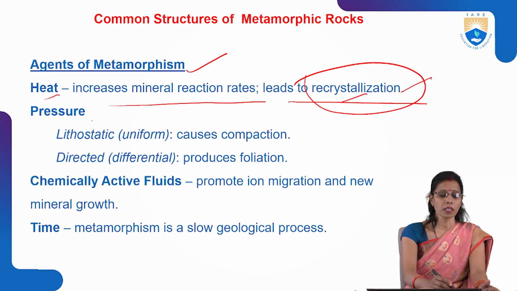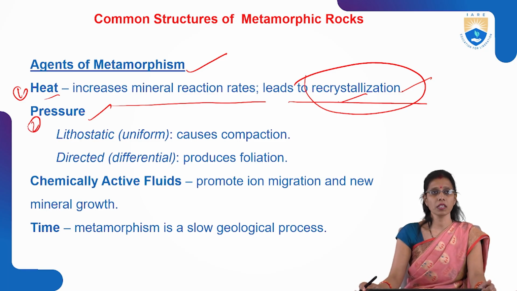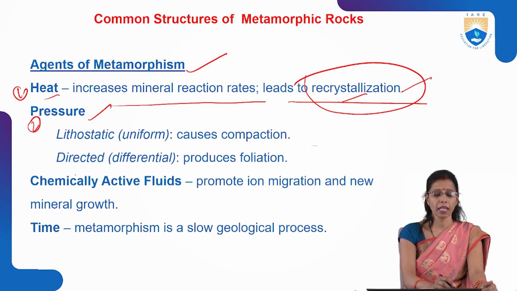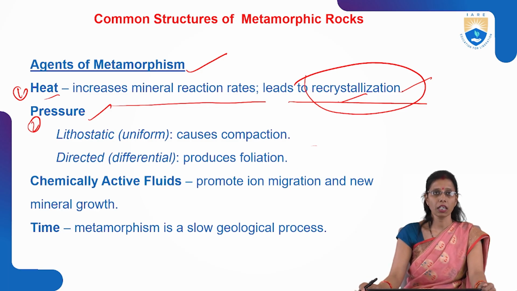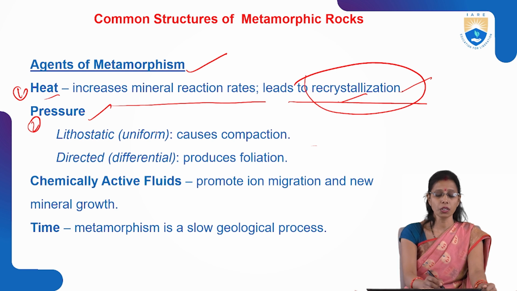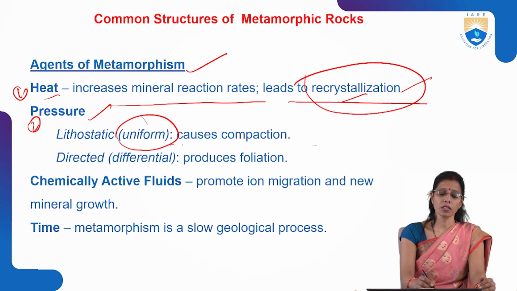Okay, so next thing is pressure. Pressure is the second agent. First agent is heat, the second agent is pressure. Pressure can be lithostatic, which causes compaction, or directed, which reduces deformation, right? Lithostatic means a uniform kind of pressure applied to the rock, continuously at the same rate, which can cause compaction.